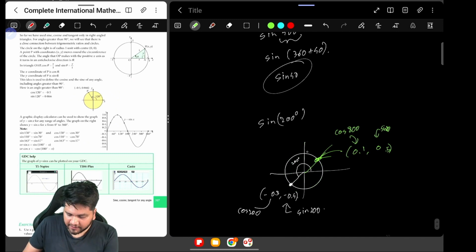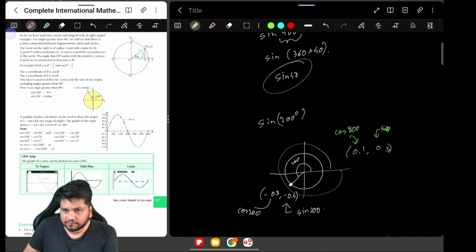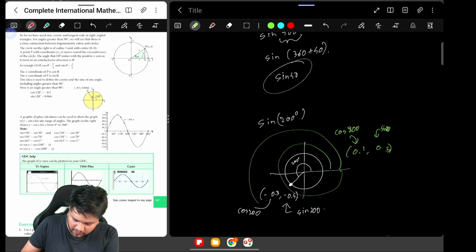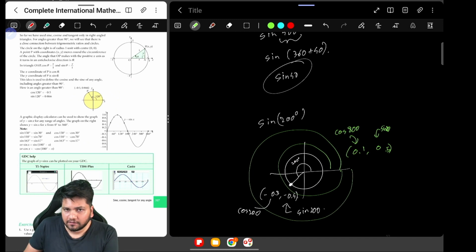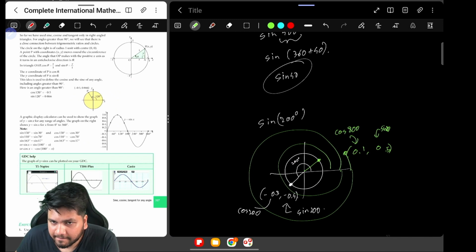Just find out where 800 is coming. 800 degree will come where? This is 360 degree. One more round, 720 degree. Then one more, this 80 degree. That's going to be your 800. So how will you find 80 degree's sine and cos from the unit circle? Same thing, whatever the coordinates are. We know the coordinate, that's why we got it. Correct?